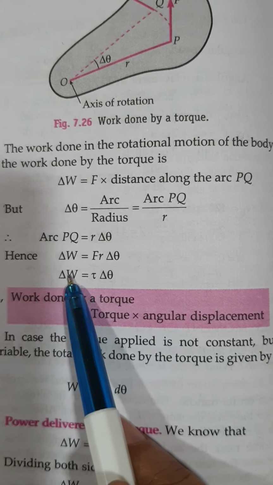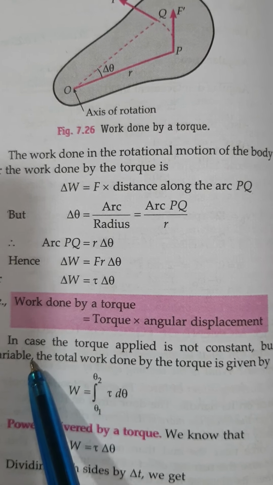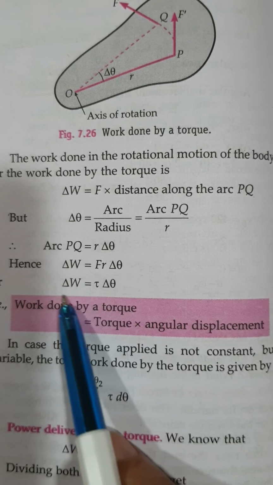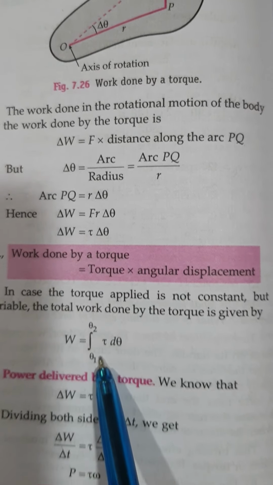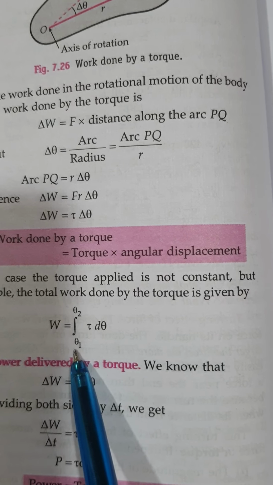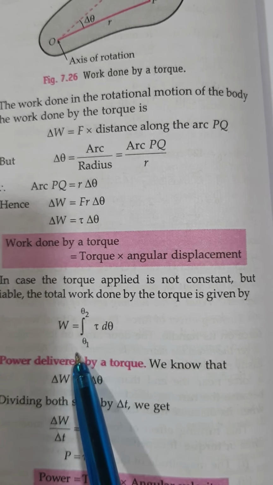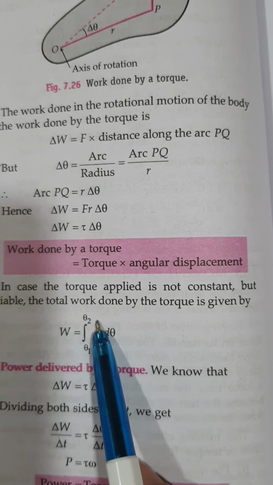So the total work done W will be the integration of torque d theta, and the limits of integration will be theta 1 to theta 2, initial angle theta 1 to the final angle theta 2.